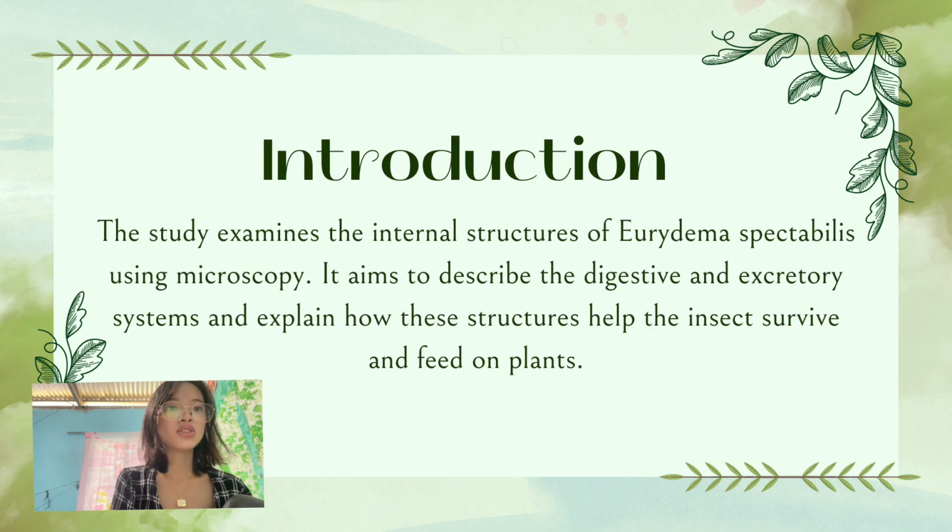For the introduction, the study examines the internal structures of the insect using microscopy. It aims to describe the digestive and excretory systems and explain how these structures help the insect survive and feed on plants.